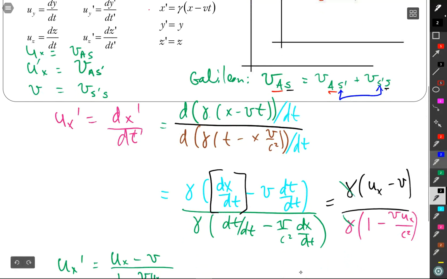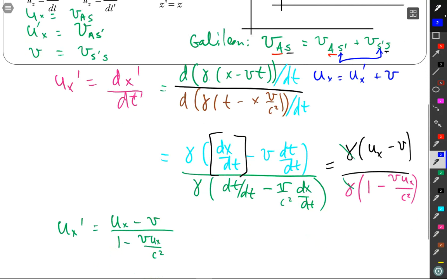Putting it in terms of these quantities, that is equivalent to ux equals ux prime plus v. Oh, yeah, no, that's fine. It's correct. This here was ux prime. That's why I was like, uh-oh, I've got the opposite sign.